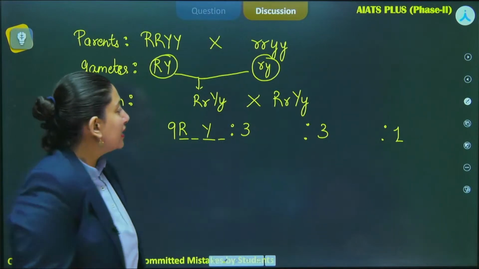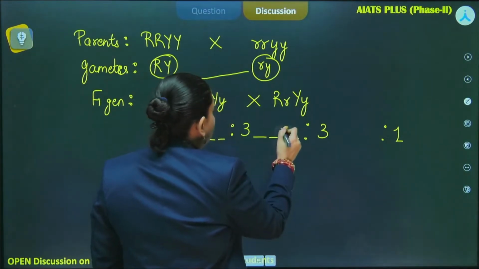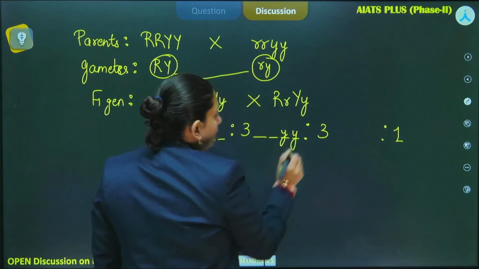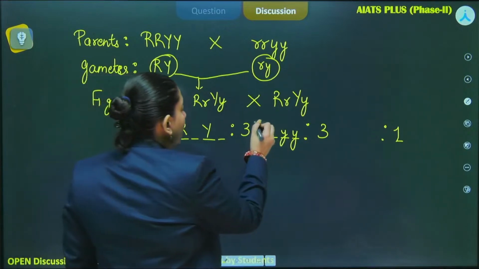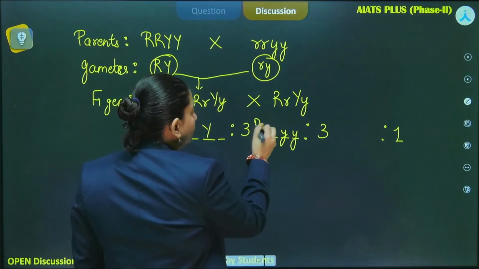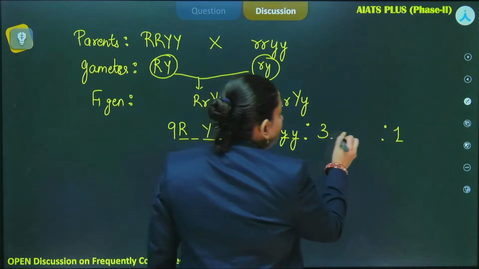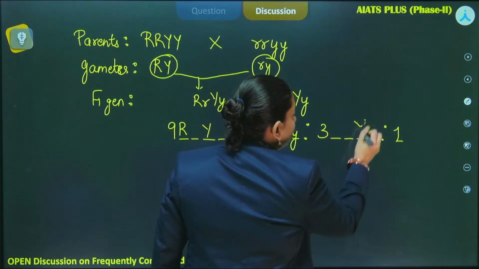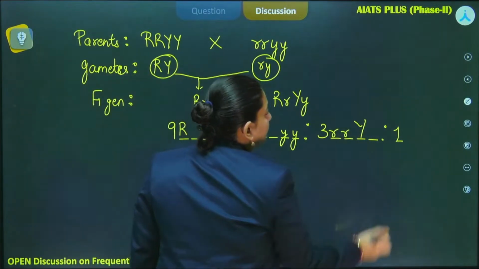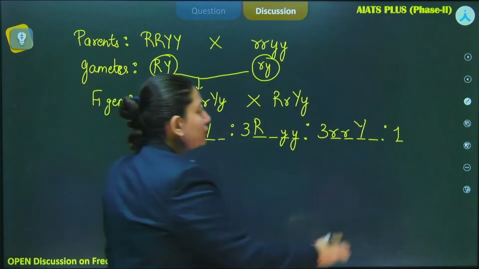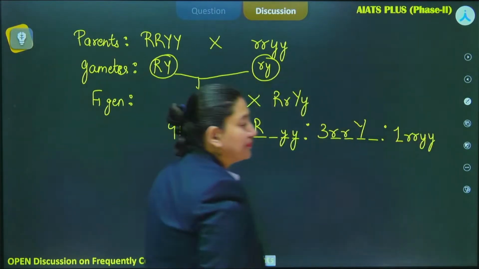In this particular case, one character will be present in its recessive form, while the other one is going to have at least one dominant copy. In contrast to this, this one is going to have the dominant copy of the other allele and the recessive of the very first one. And this is going to be the pure line, small r, small y.